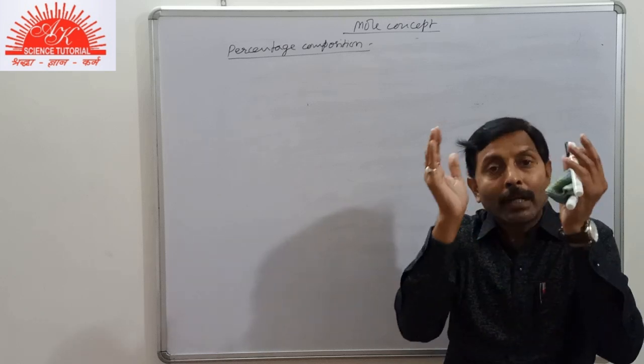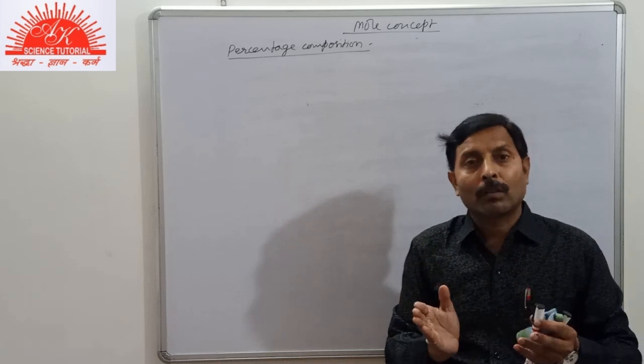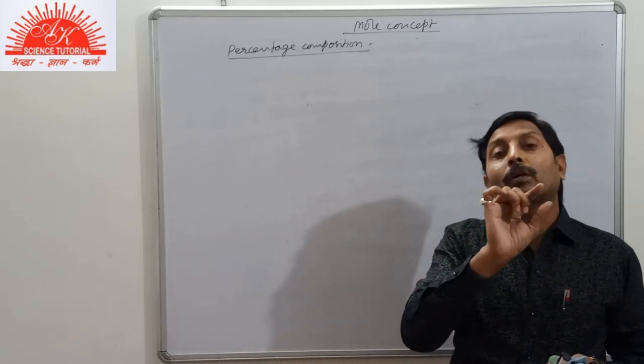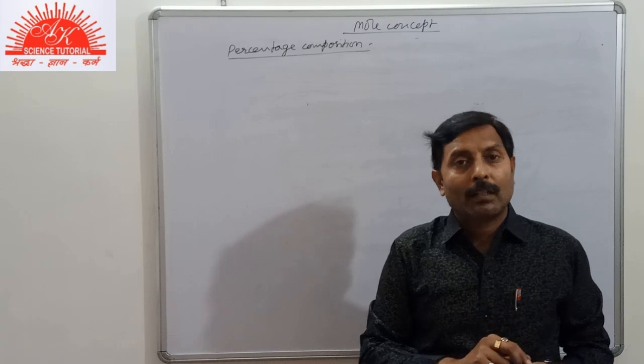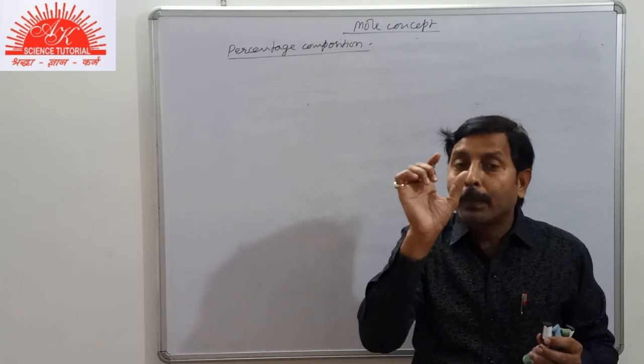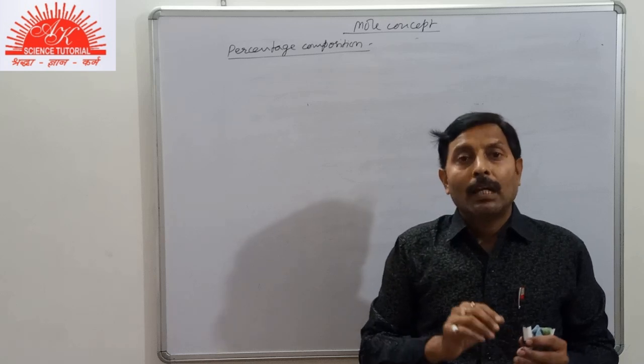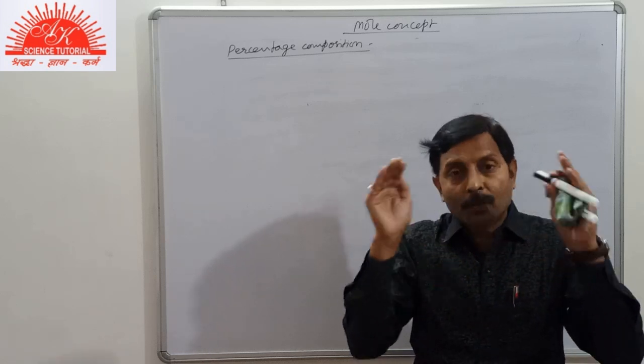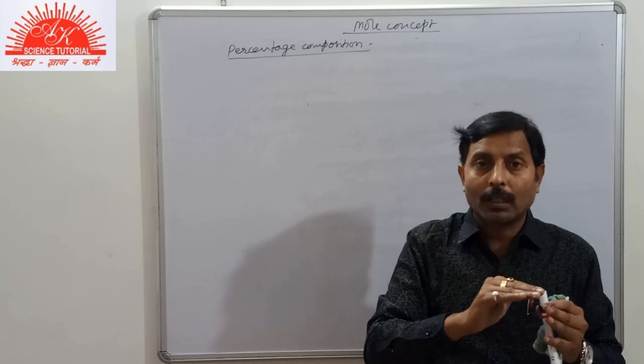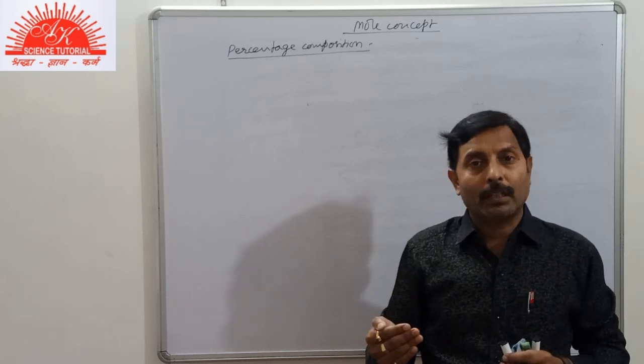Total means the basic quantity, basic amount. Suppose you calculate profit percent, then what do you write? Profit obtained is the part. The basic, that is cost price, CP, is the total on which profit is calculated.